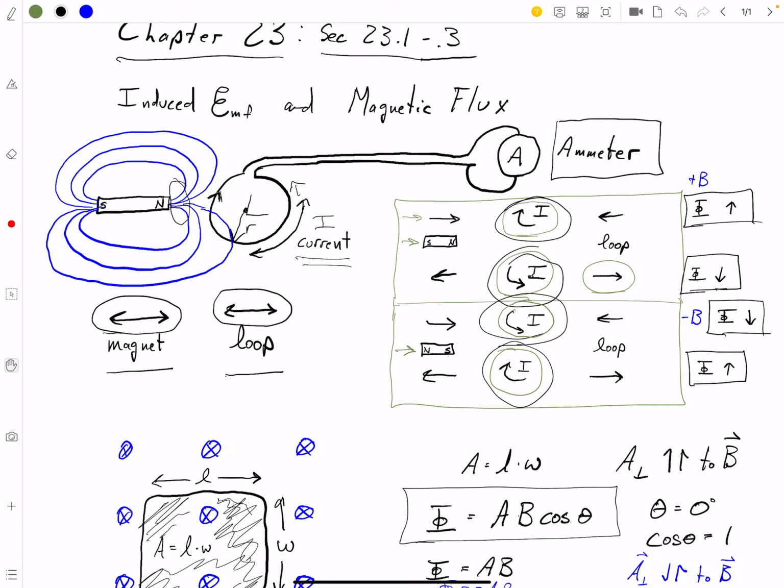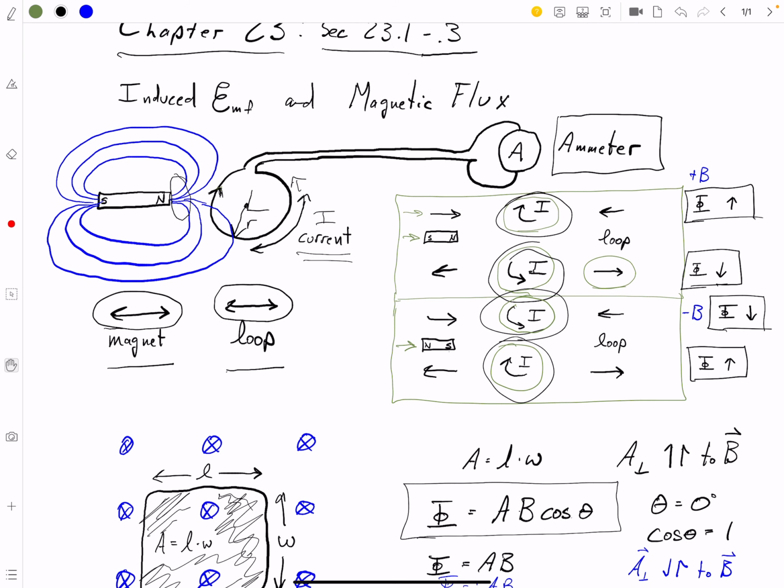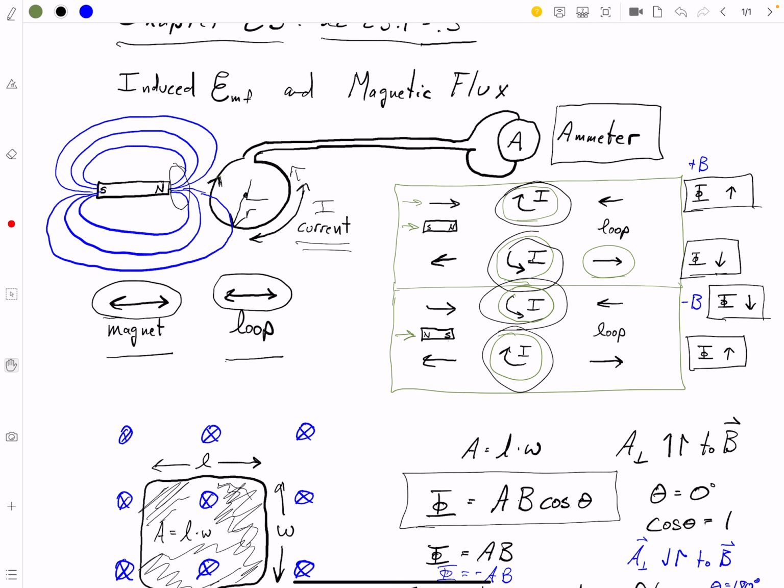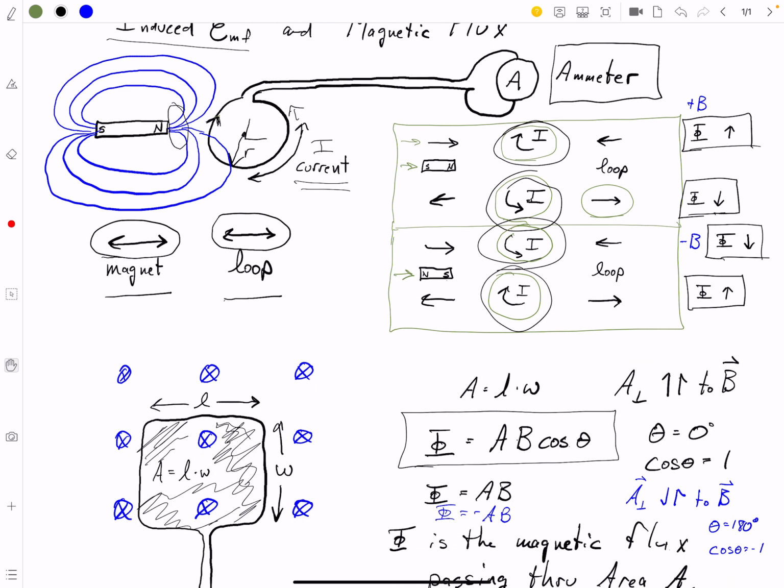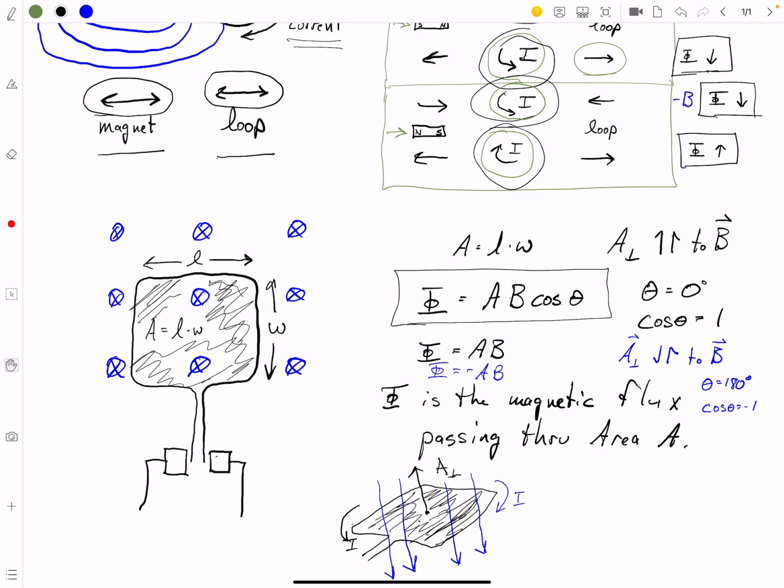Okay, so this induces an EMF, right? So an EMF has been induced and it generates this current. And so we're going to talk a little bit about that EMF that is induced with our magnetic flux.